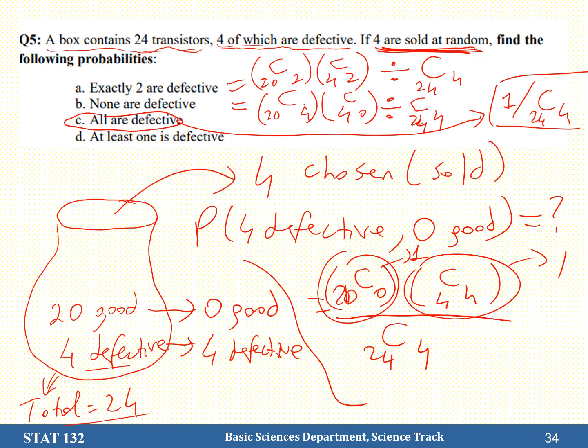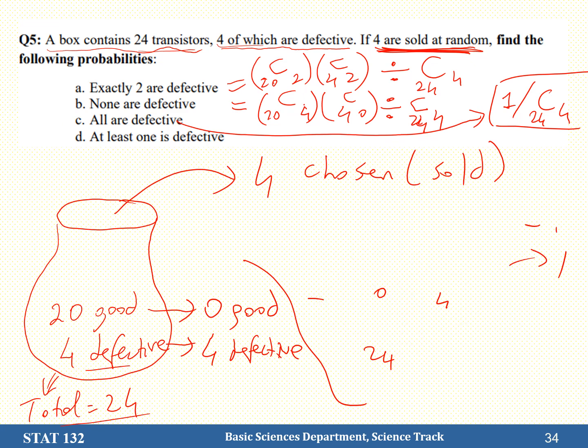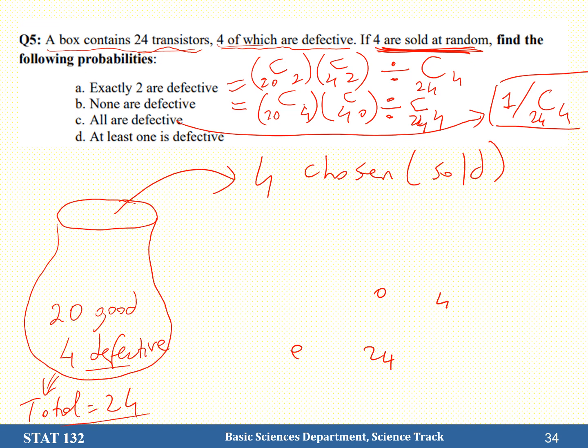Now let's look at the last one, D. In the last one, it says at least 1 defective.